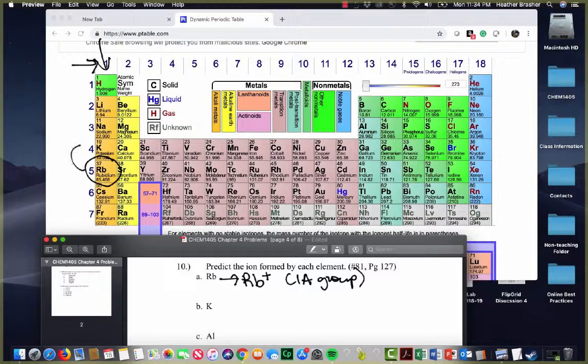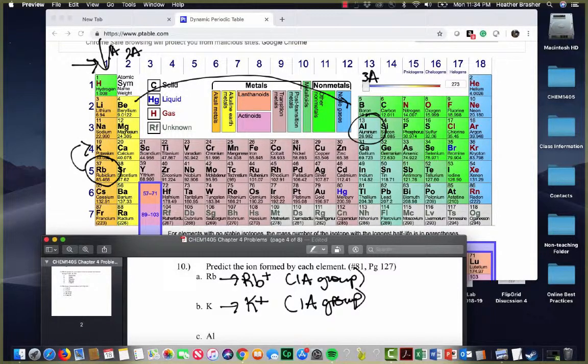If you realize, potassium's right above it, same group. So what do you think is going to happen? Same thing. K plus, it's in that 1A group. Now, if you look over here, we have aluminum. And if you remember, if you go 1A, 2A, then you go across to 3A.